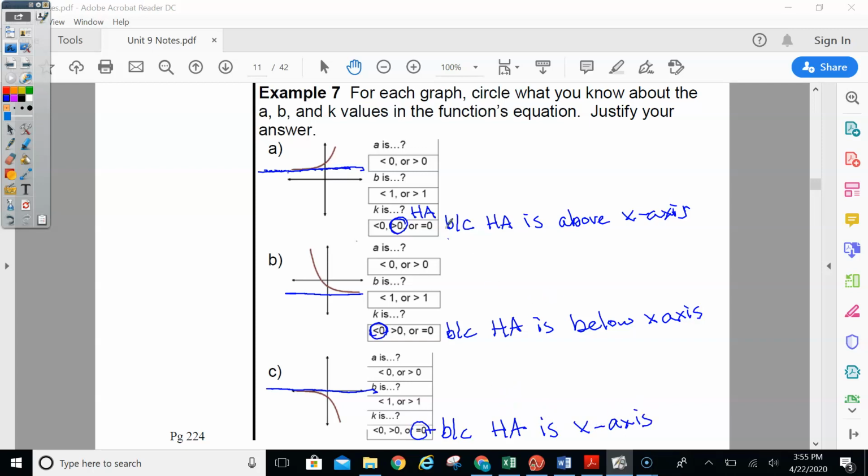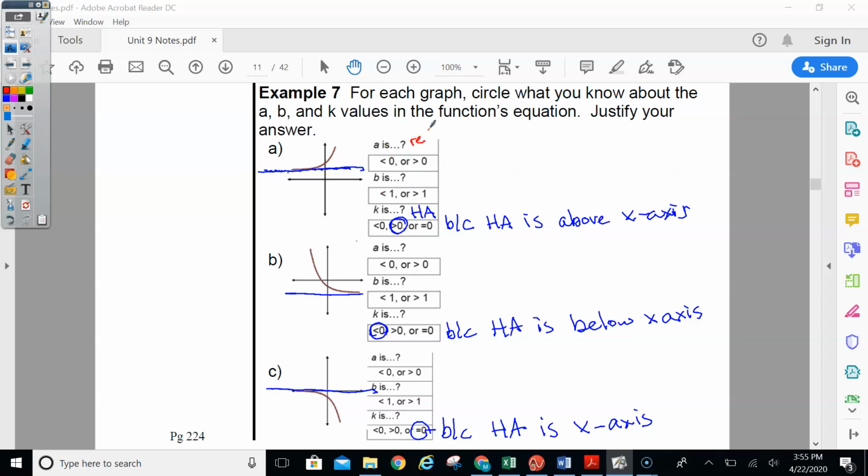Okay, so that's the easiest one to identify. The next one to identify, so B is your base, and A is your reflection or not. Let's look at the A first. A determines if it's reflected or not.